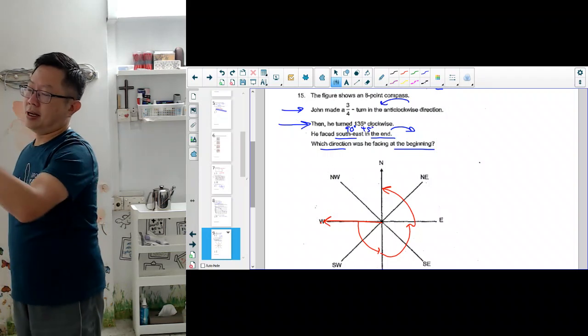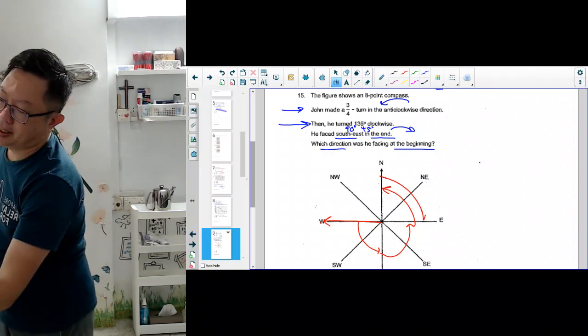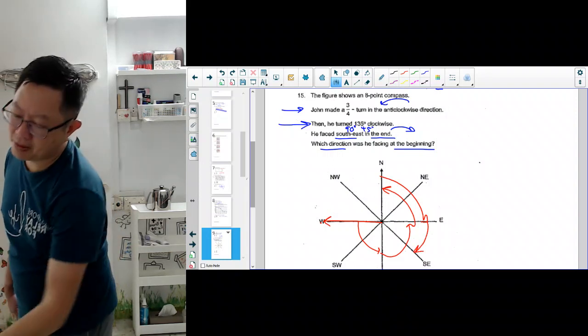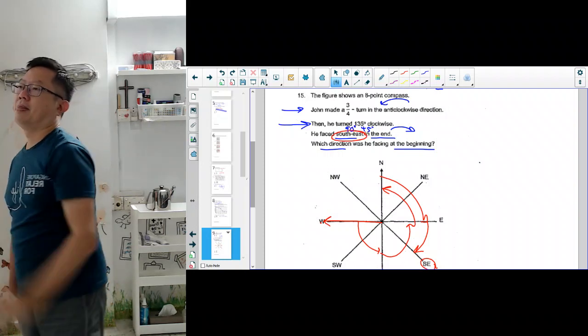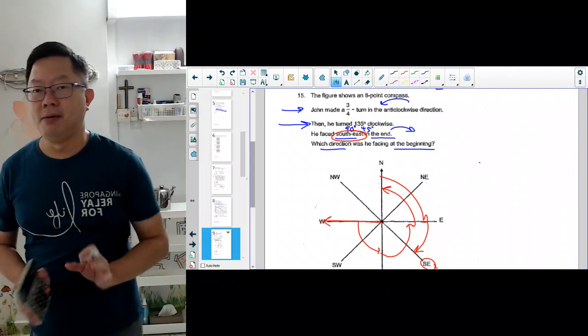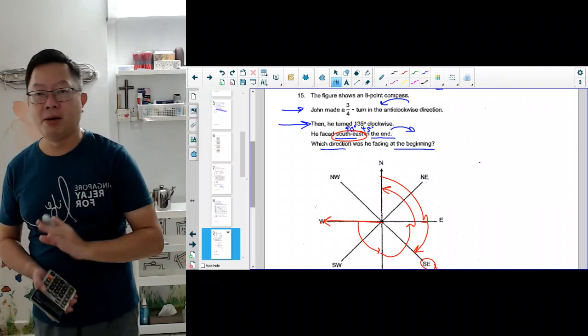And then he turned 135 degrees clockwise. So that will be 90 and 45 clockwise. So where is he facing now? He's now facing southeast, which is over here. Right? So that's how you double check. So what is this lesson about? It's about working backwards. So you must know how to draw backwards.